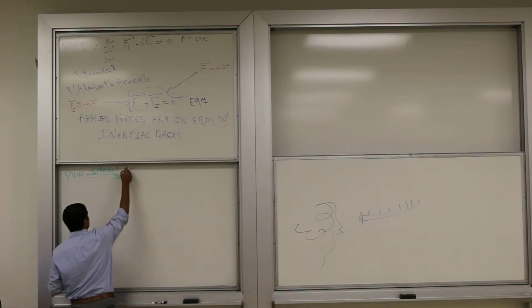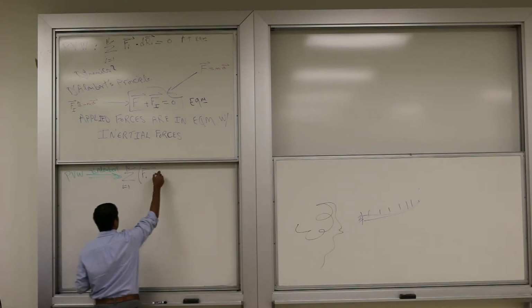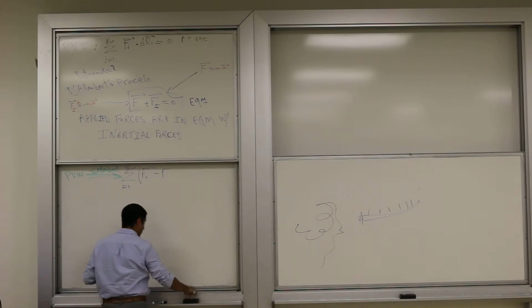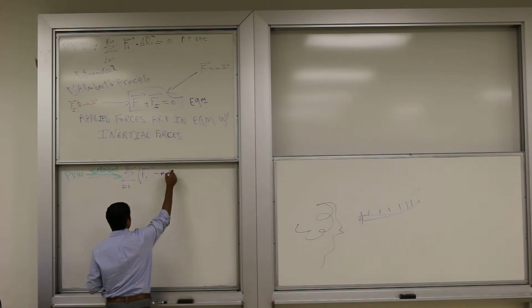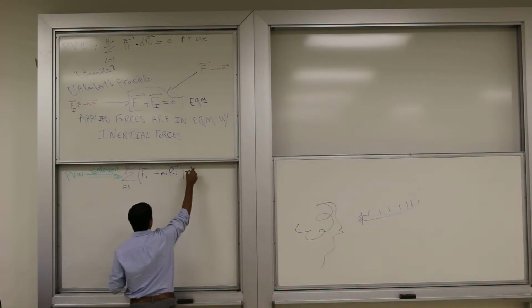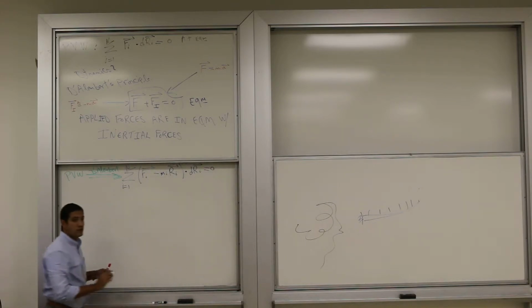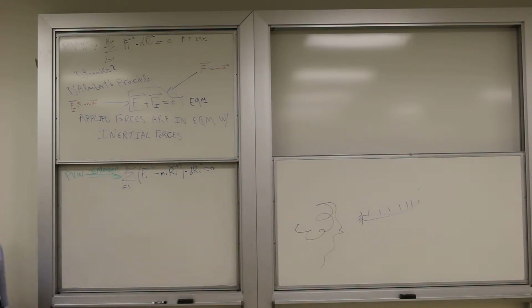Summation i equals 1 to n number of bodies, F_i applied on the body minus F inertial on the body, which is simply mass of the body, rigid body or the particle, times the acceleration, dotted with dr_i, equal to 0. And now we can apply it to dynamics.